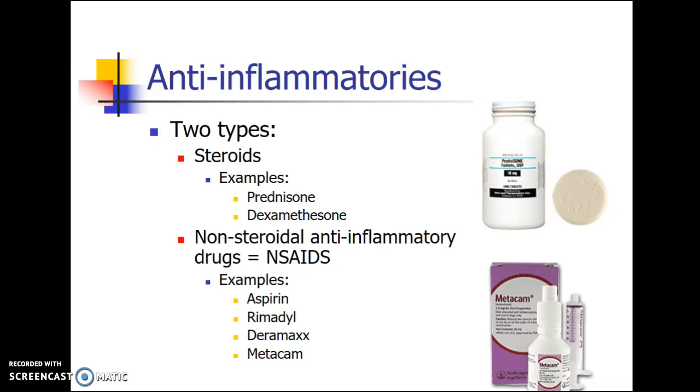Because it's hard to keep topical things on animals that will lick them. So sometimes we have to go to the oral types or injectable to get things to calm down. And then the other type are nonsteroidal anti-inflammatory drugs, also known as NSAIDs. Examples of those are aspirin, Rimadyl, Deramaxx, Metacam, and in the horse world, phenylbutazone, otherwise known as Bute.